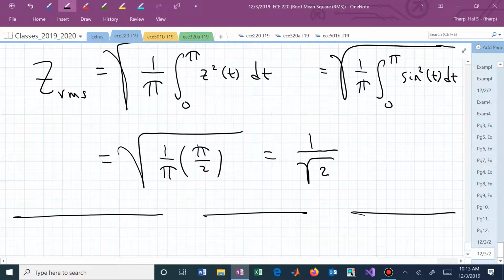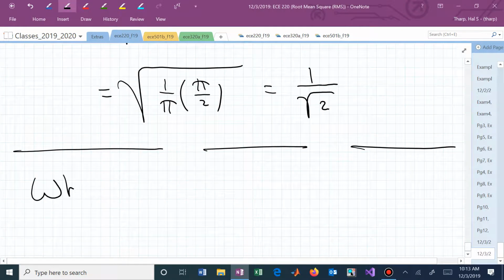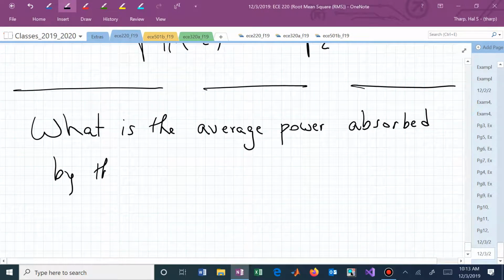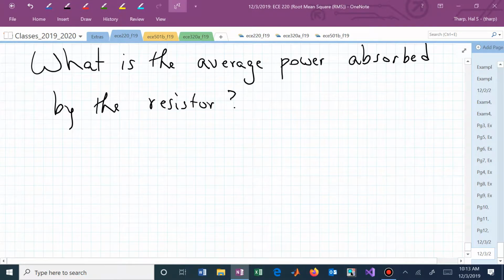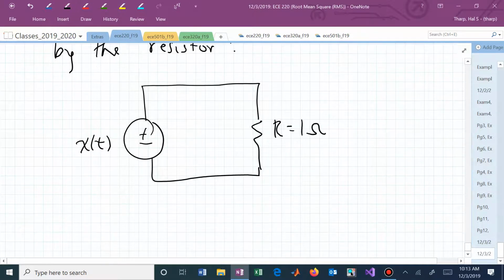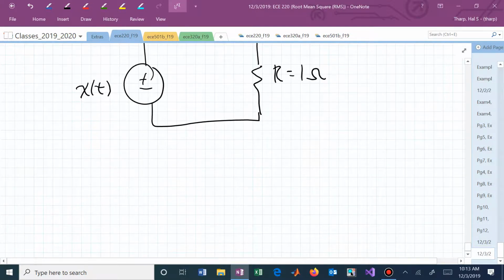So with all of this information, what is the average power absorbed by this resistor in this circuit, same circuit? There's x of t. Let's just say R is equal to 1, and now I need to show you what x of t is.